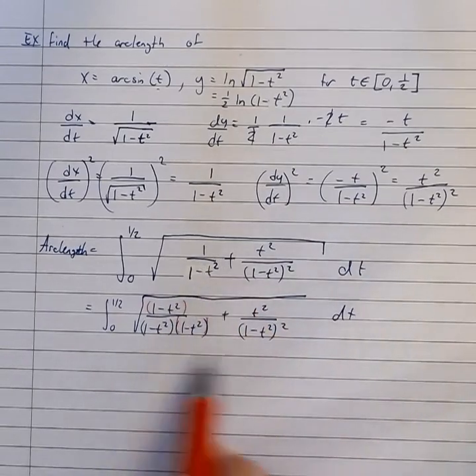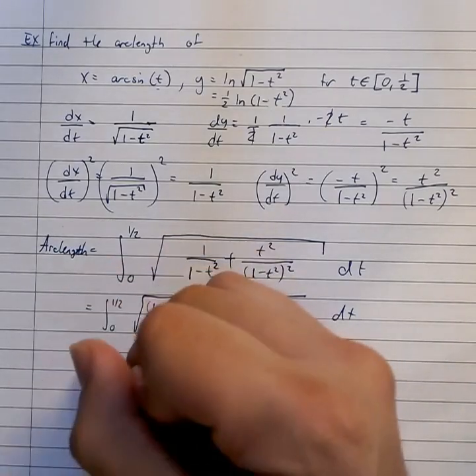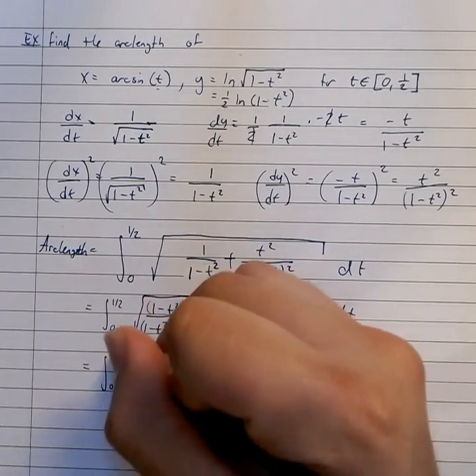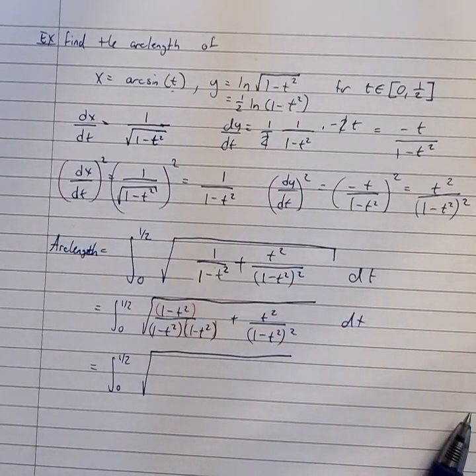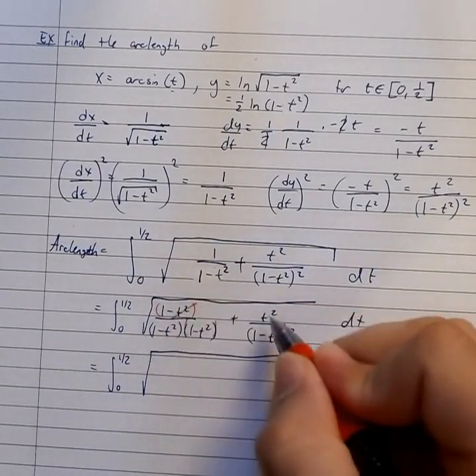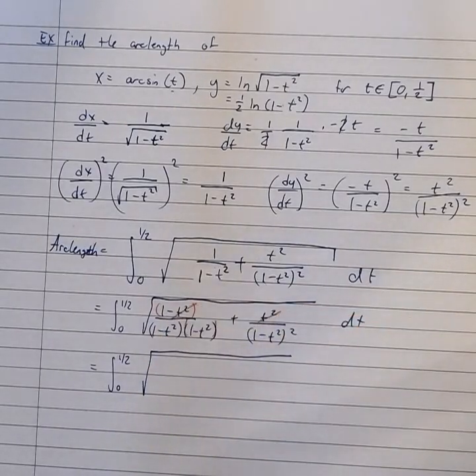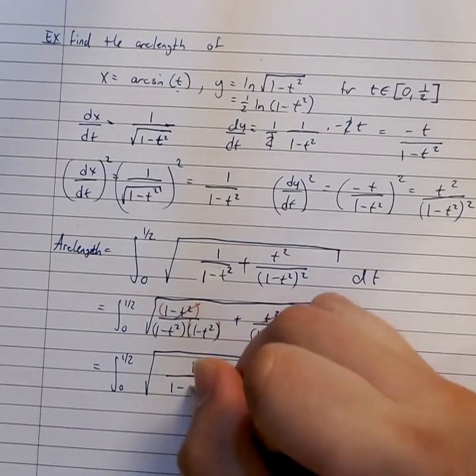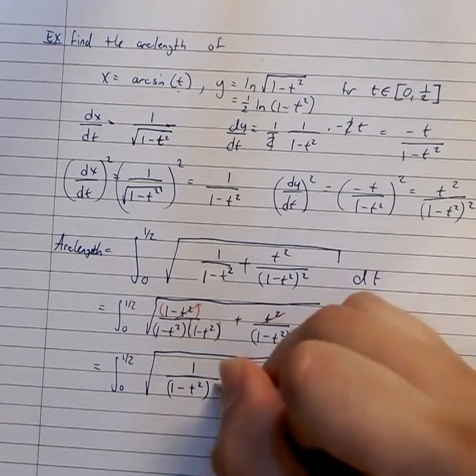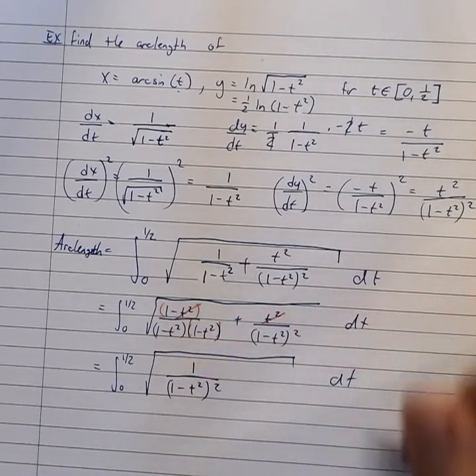But if I don't let them cancel out, notice I now have a common denominator, which means I can now write this as the integral from 0 to a half of the square root of, well, notice now t squared and negative t squared go away. So that'll leave me the numerator 1 over 1 minus t squared, squared dt.